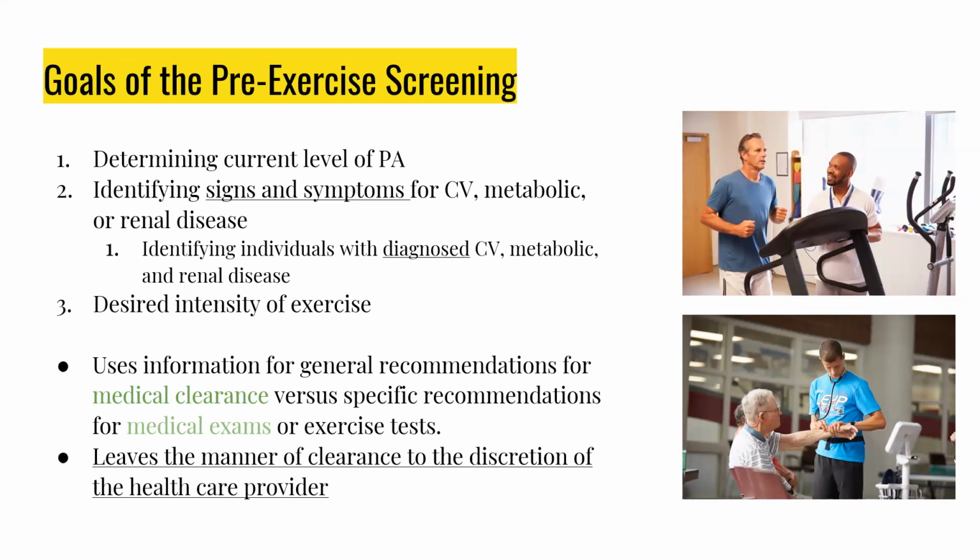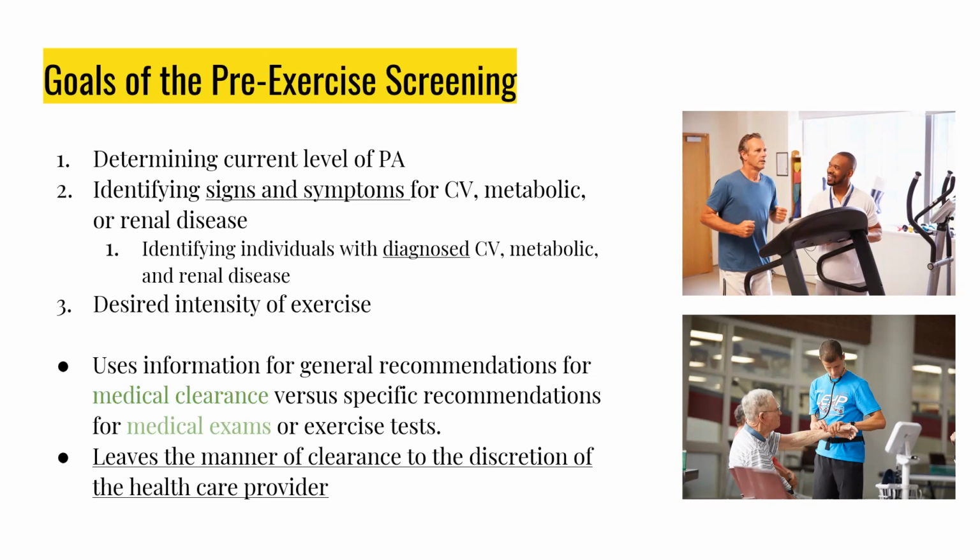Also, identifying signs and symptoms of cardiovascular, metabolic, or renal disease. And this is very important to identify individuals that might present some signs and symptoms, but also to determine if they do have a diagnosed cardiovascular, metabolic, or renal disease. And also, this is where we can determine the desired intensity of exercise.